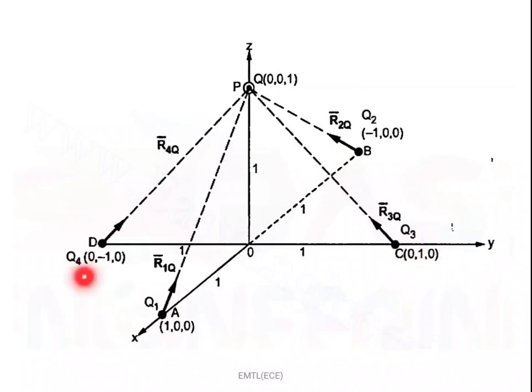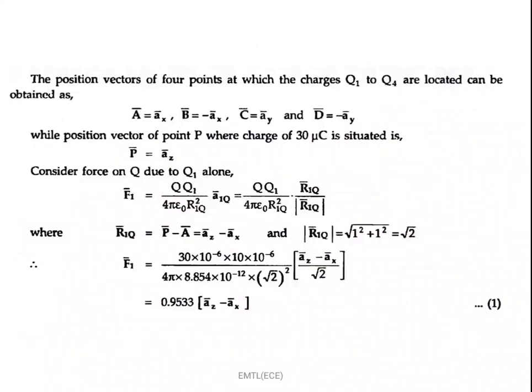Here there is a negative y coordinate for D, so the position vector for D is minus Ay bar, and the position vector for P is only along the z axis, that's why it is Az bar. That means the position vectors are defined based on their coordinate points, that is x, y, z. So it is clear what the position vectors of A, B, C, D and P are.